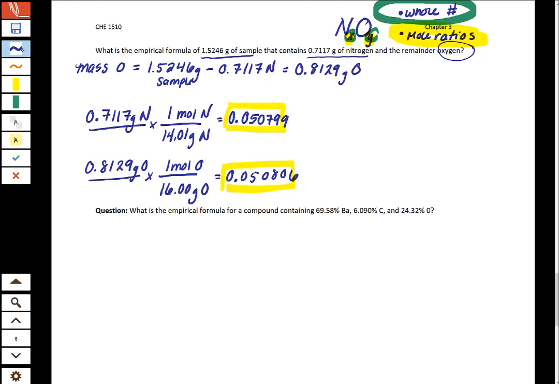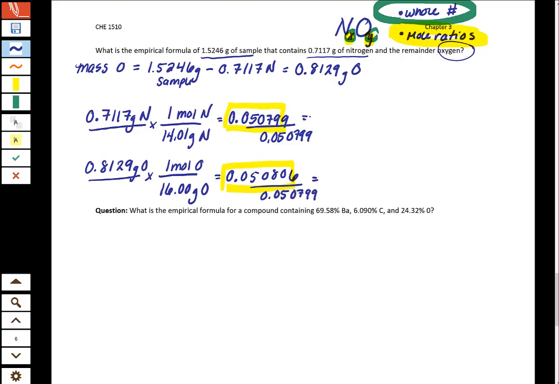And so one of the things that I think is the easiest route to do is to pick one and divide each of the values by the number you've chosen, and you should choose the smaller of the two. So here, the 799 is smaller than this one that has an 8 right here. So we're going to divide both of these by that smaller value.